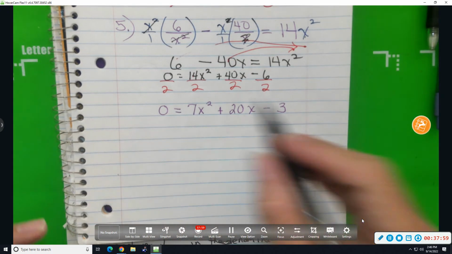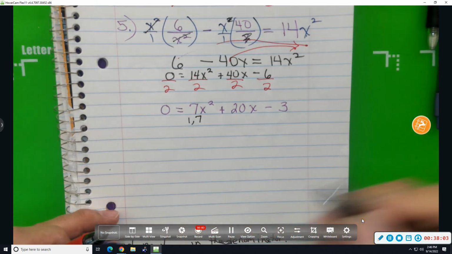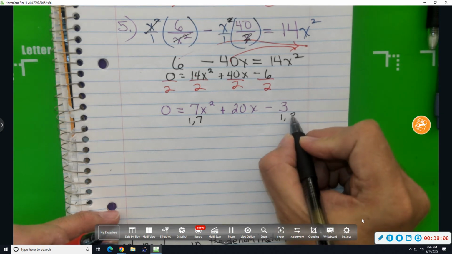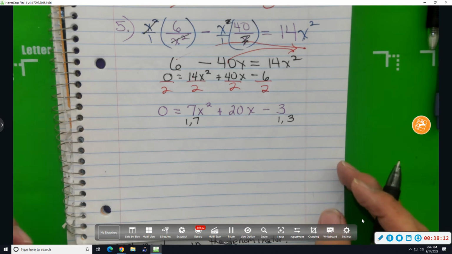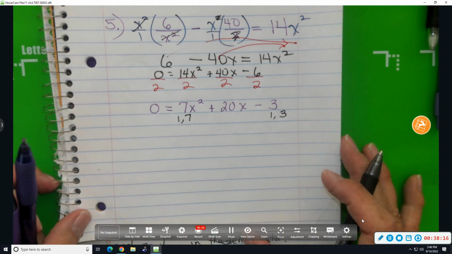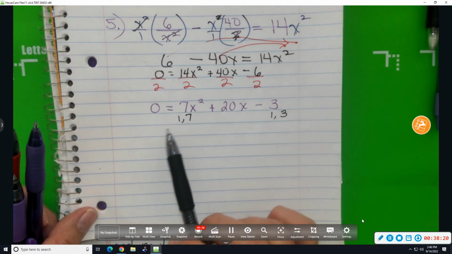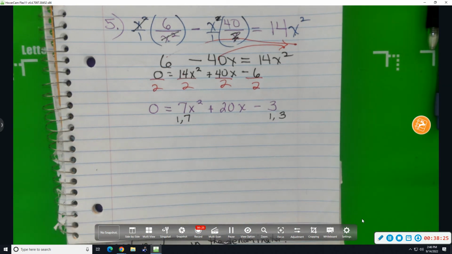I'm going to try to factor this. So, not a lot of numbers that multiply together to give 7. 1 times 7. Not a lot of numbers that multiply together to give 3. 1 times 3. And if you're sitting there thinking, that idiot, there's an infinite number of numbers that multiply together to give 7 and 3. Positive integers. I mean positive integers are just counting numbers. I'm not talking about fractions and decimals.